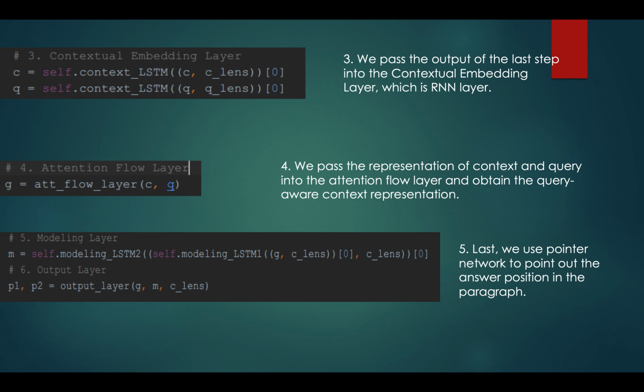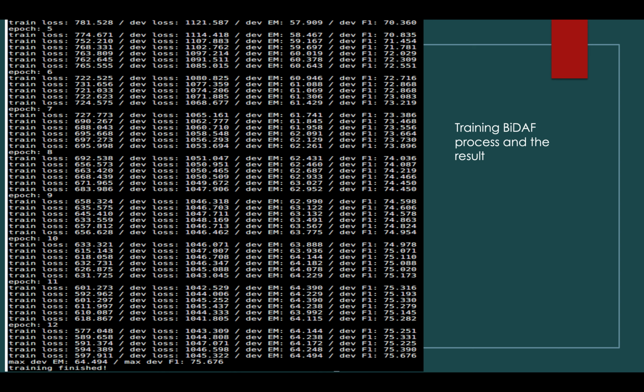In the third picture, I passed the output of the last step into the contextual embedding layer, which is an RNN layer. And fourth, I passed the representation of the context and query into the attention flow layer and obtained the query over context representation. And last, I use a pointer network to point out the answer position in the paragraph.